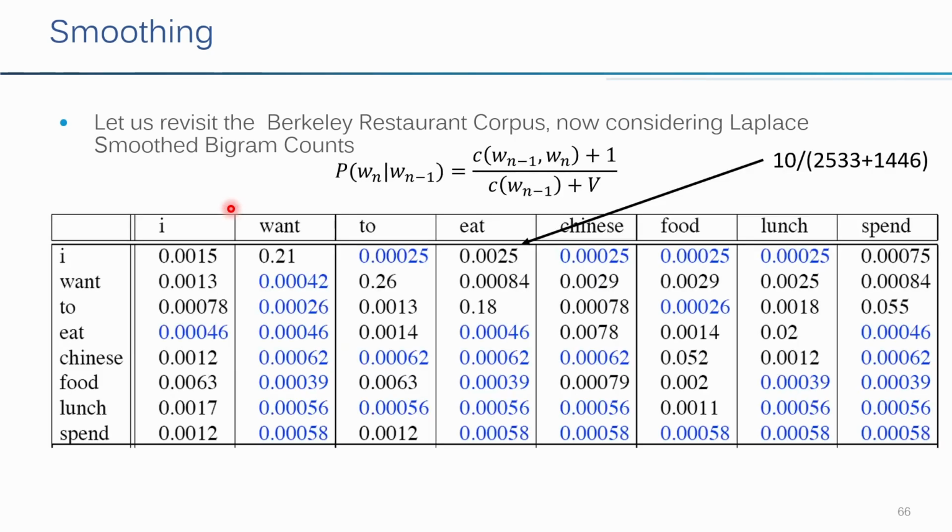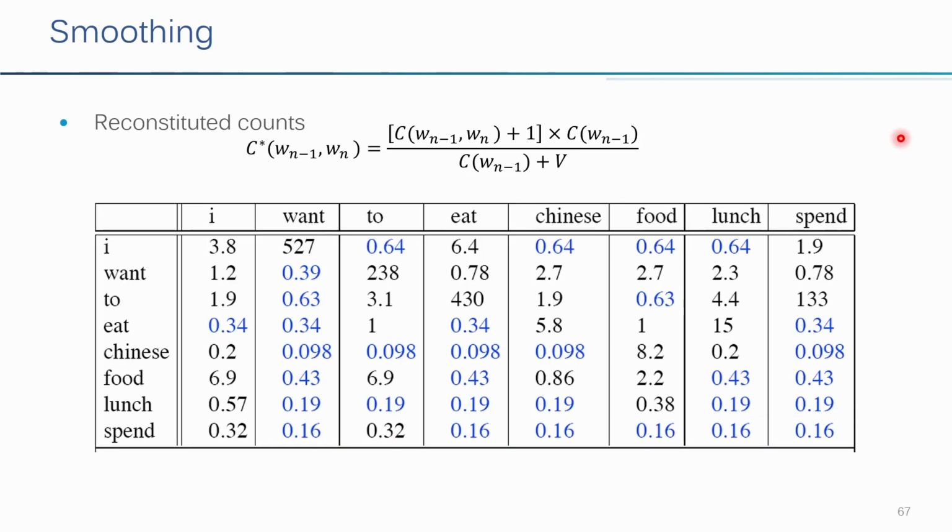Now, with this new number, we have to recalculate all the probabilities that we have here. And for our example, for "I eat", now we don't have the co-occurrence of 9 anymore, it's 10. We have the count of "I", and we are simply adding the size of the entire vocabulary. I don't remember if I put the size of the entire vocabulary last lecture, but it is here. And this will give us a new estimate compared to what we had before.